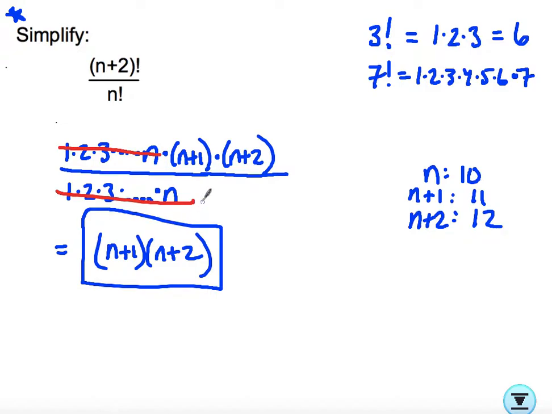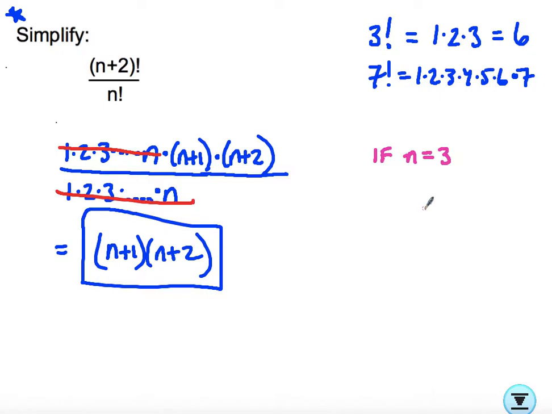Now, sometimes that's a little bit harder for people to process, and if that's the case, that's totally cool. Oftentimes in math and in science, when we try to generalize, it's easier if you start small and then look for patterns. So let's say that n equals 3.